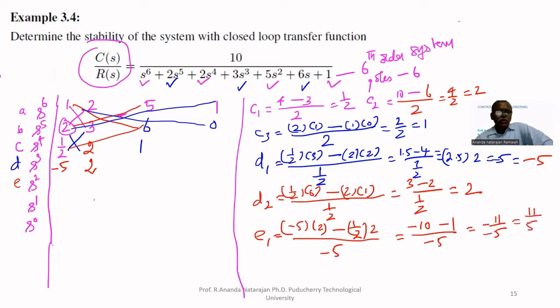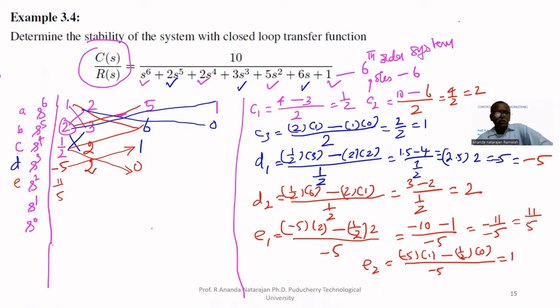Then the next element is minus 5 multiplied by 1, and this is 0. So you will get E2 equal to (minus 5 multiplied by 1 minus 1 by 2 multiplied by 0) divided by minus 5. That is equal to 1.